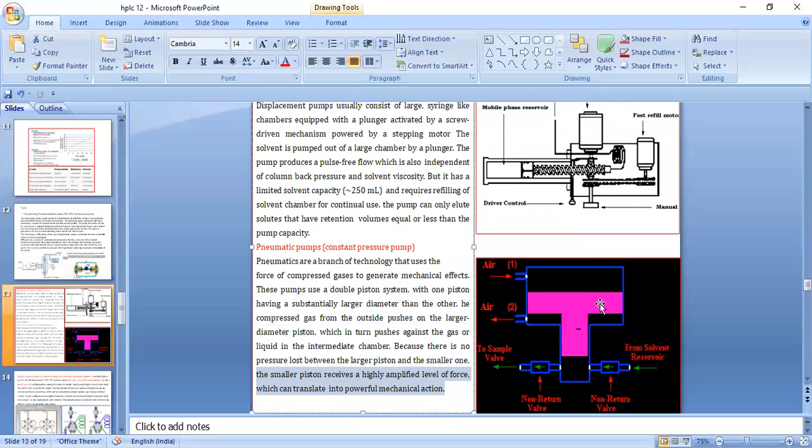So there is no loss of the pressure between these two pistons. So यहाँ पे जो pressure होगा वो ज़्यादा create होगा, and because we have the larger piston at the top. Now this pressure that has been created can be then used for a powerful mechanical action. In this case, in HPLC system, it is used to create a pressure for drawing the solvent through the column by using this mechanical action of this piston.